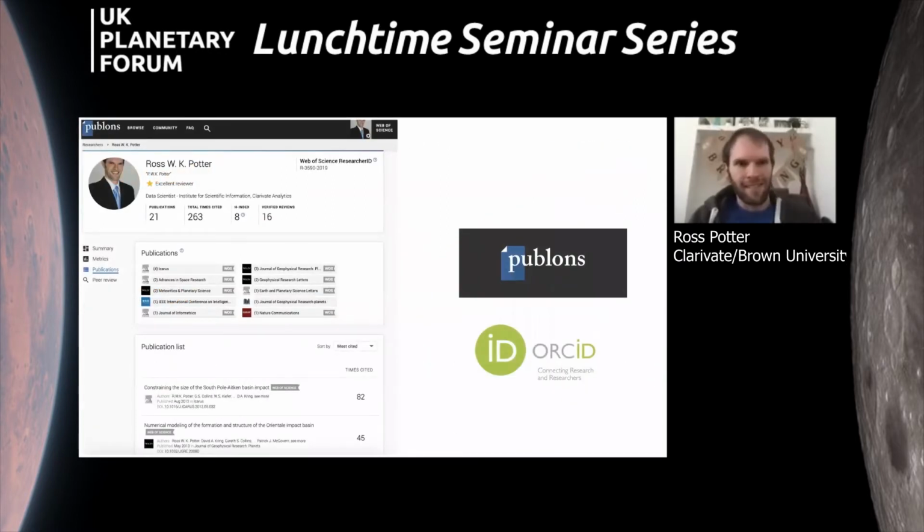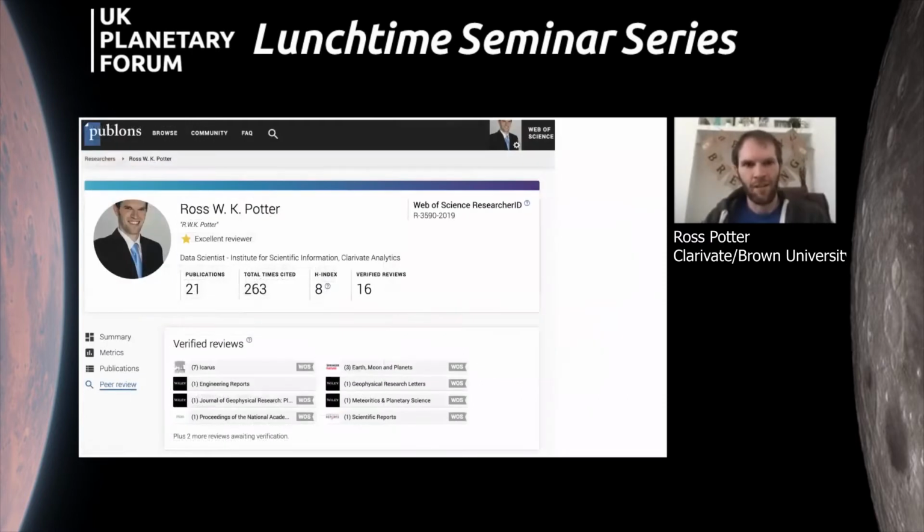So Publons is yet another academic profile that you can have online, where you can list all of your publications. If you have ORCID IDs, you can link that up as well, so that it can import all of your various publications. But the main advantage over Publons is that it can also track all of your reviews that you've done.